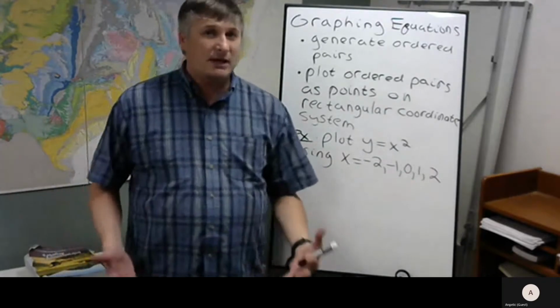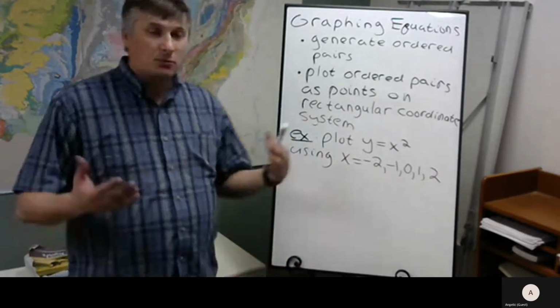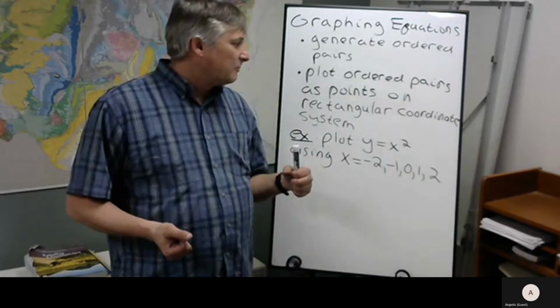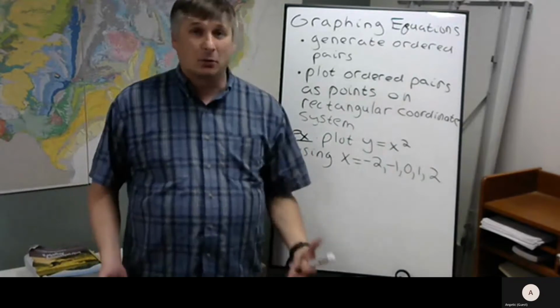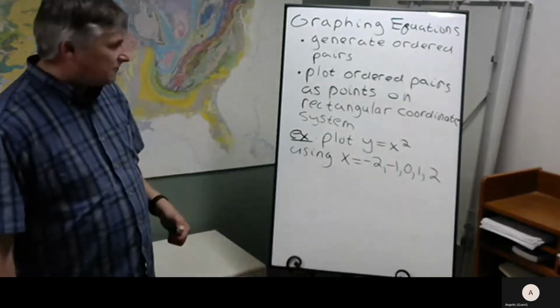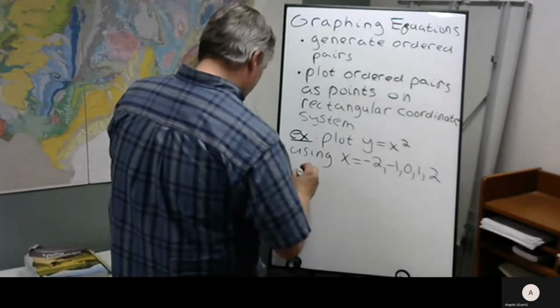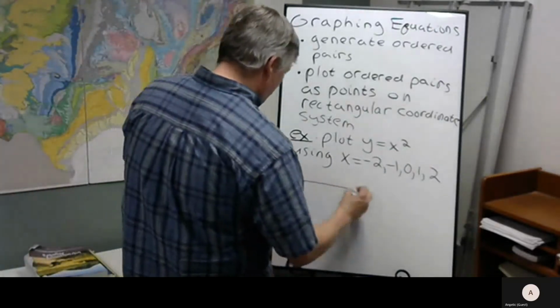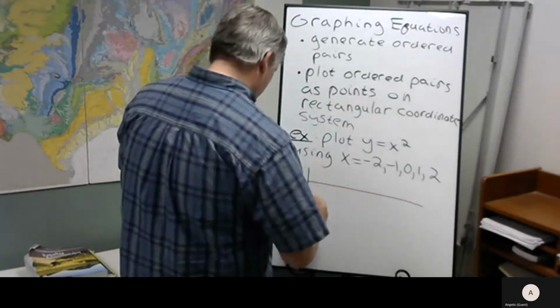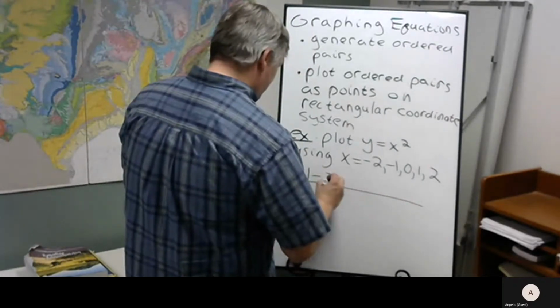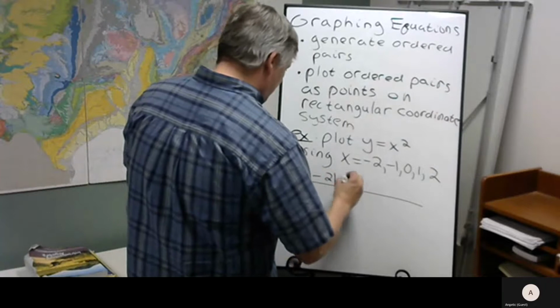And then what we're going to do is take these 5 points. Once we have the x and the y's, we're going to graph these on that rectangular coordinate system. So first off, the way we typically set this up, we're going to list all these x's.